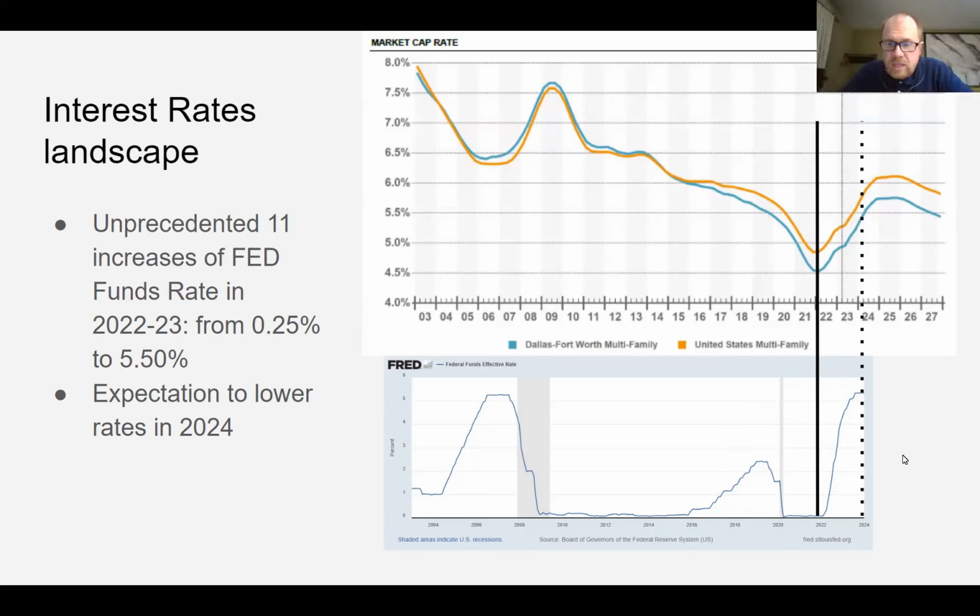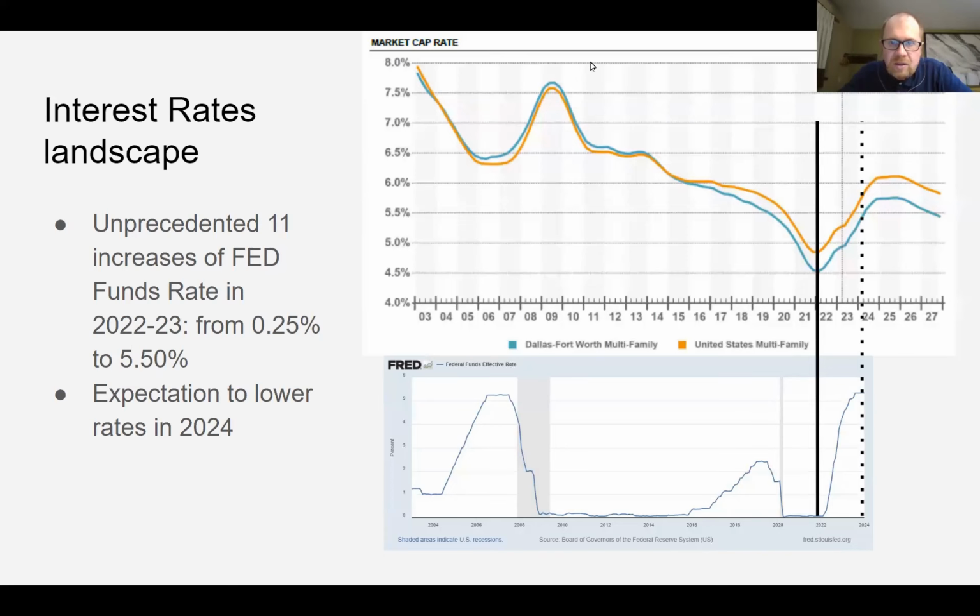Yeah, I think it's interesting. I put in line the increase in the interest rates, the Fed rates at the bottom, and at the top you can see the cap rates. That was something we discussed earlier, and just to see the effect of this tremendous increase of interest rates, 11 times, about a 5% increase, cap rates definitely turned in, and therefore the values.